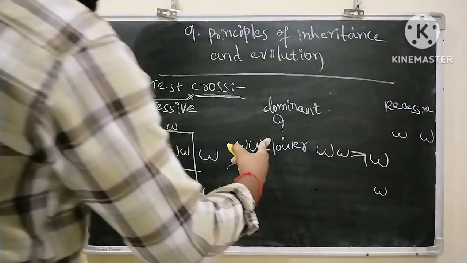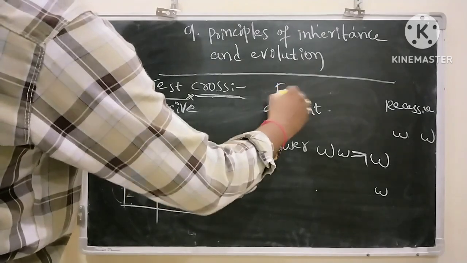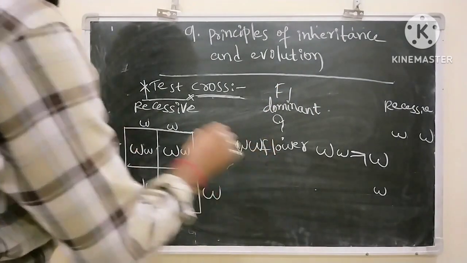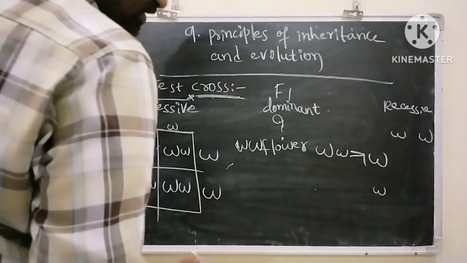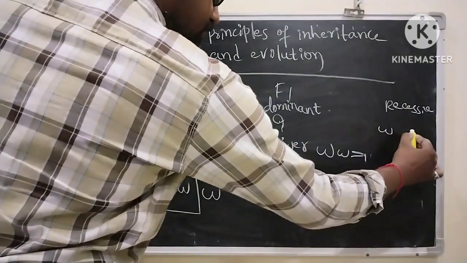Why? Because here we are crossing the F1 hybrid with the recessive dwarf. That is why we take the alleles here like this, and here small w.